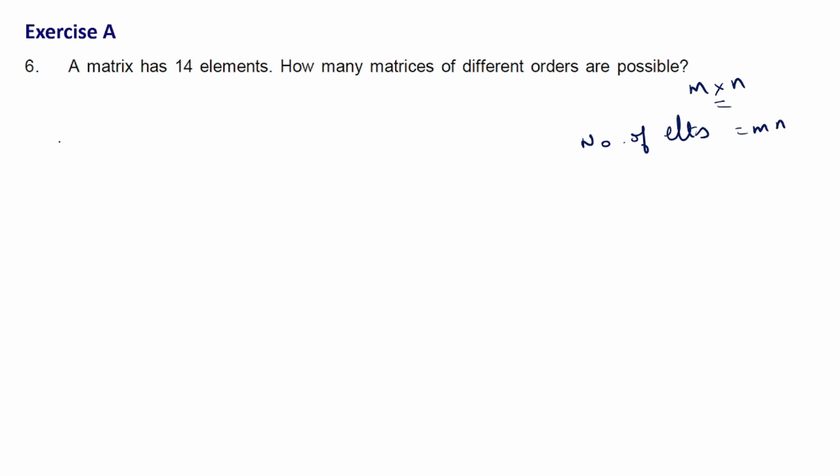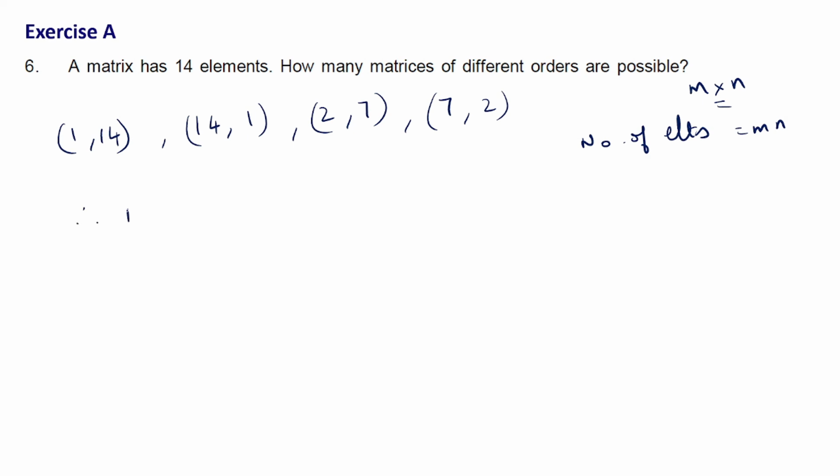It can be either 1 row 14 columns, or 14 rows 1 column, or 2 into 7 is 14: 2 rows 7 columns, or 7 rows 2 columns.